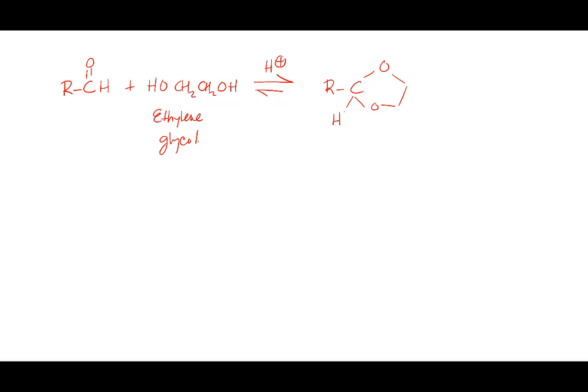Okay. And then you would have a water molecule over here. You could do this, but I don't think anybody synthetically does this, because the ethylene glycol is a commercial product.